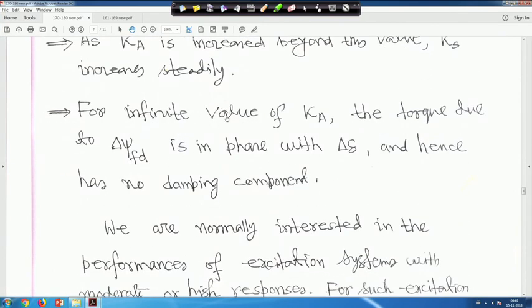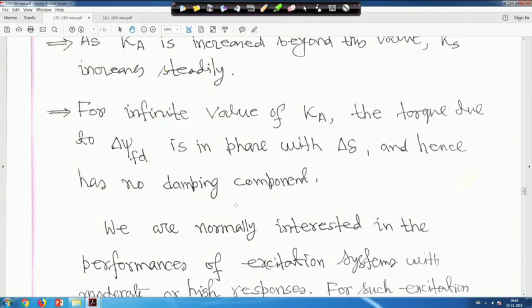For infinite value of K, the torque due to delta psi FD is in phase with delta and hence has no damping component, right. So, when K tends to infinity, the torque due to delta psi FD is in phase with delta and hence has no damping component.